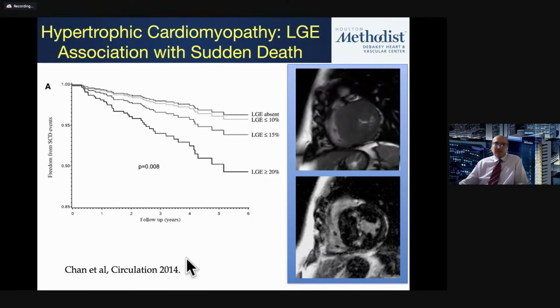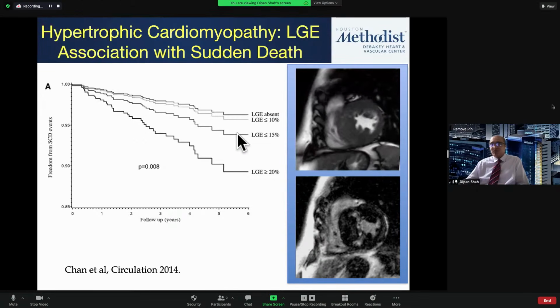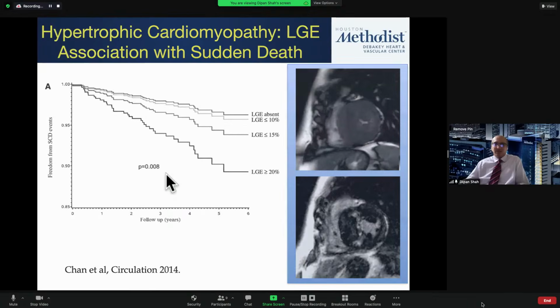This was a nice multi-center study from about 5 years ago, which looked at a series of almost 1,500 patients with a diagnosis of hypertrophic cardiomyopathy and identified that those with a large scar burden, in this case about 15% or more, had a worse risk. These patients had a higher risk of sudden cardiac death.